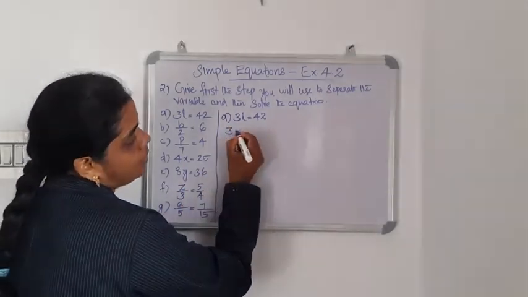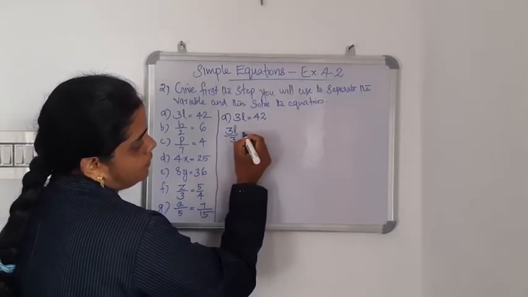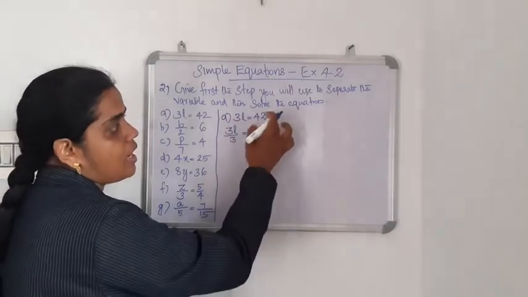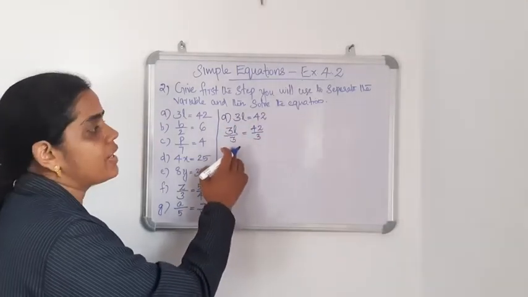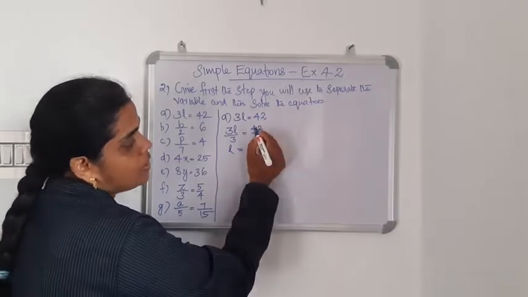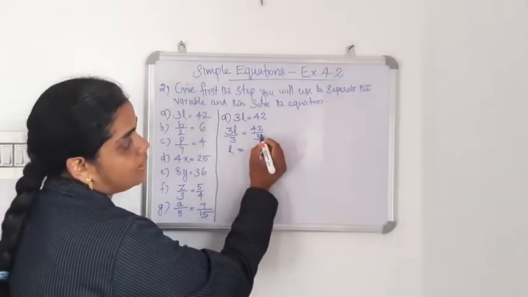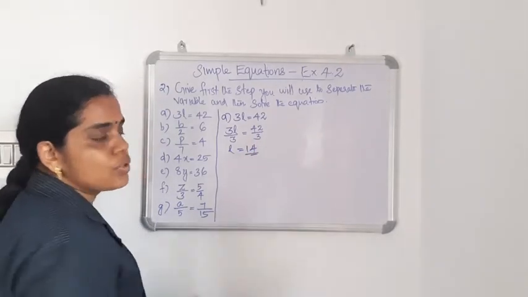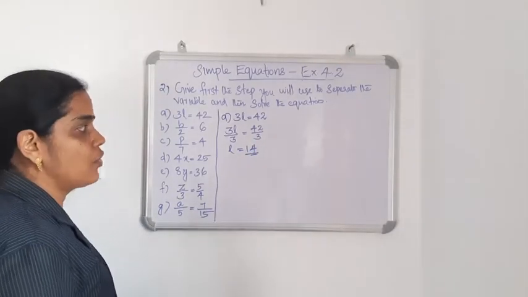So divide both sides by 3. Here and this side also we need to divide by 3. So 3 by 3 it is 1. So n equal to, what is 42 by 3? It is 14. So the value of n is 14.